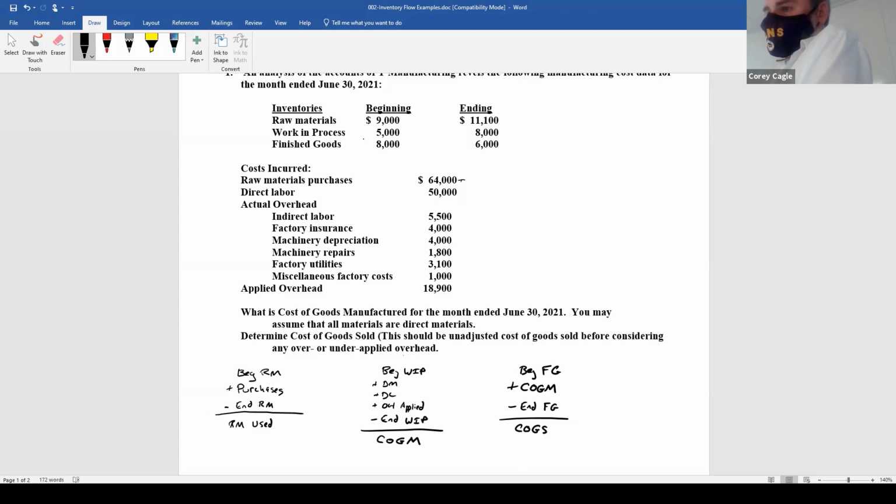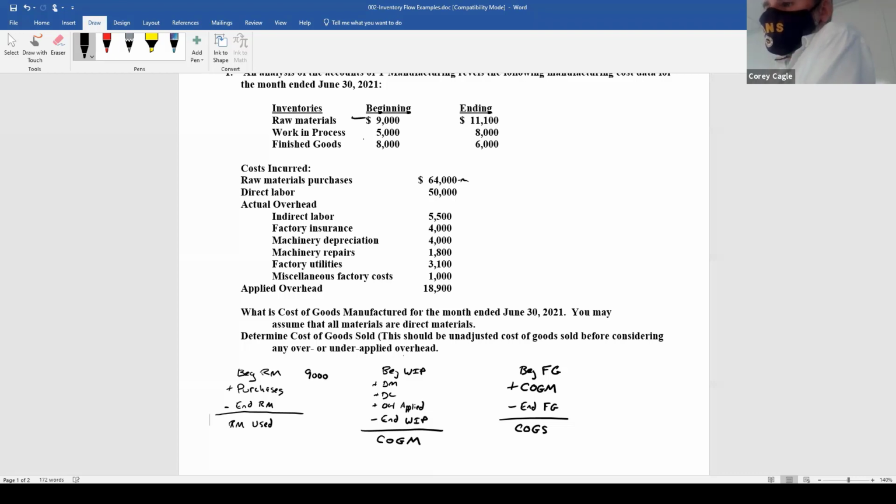And then they're looking for materials, and they're like, well, that's the only materials thing I see, and they'll stick that there. Just because you bought it didn't mean you used it. So anytime they give you cost of goods manufactured computing, you're starting at the beginning. So raw materials. So beginning raw materials, $9,000.